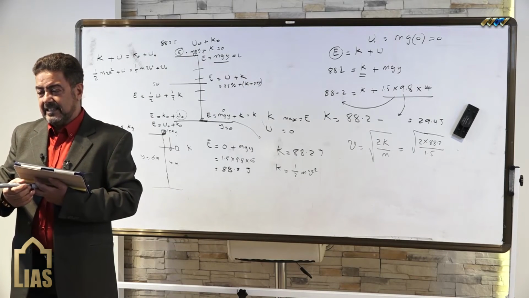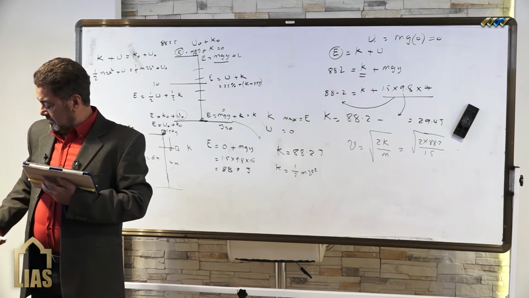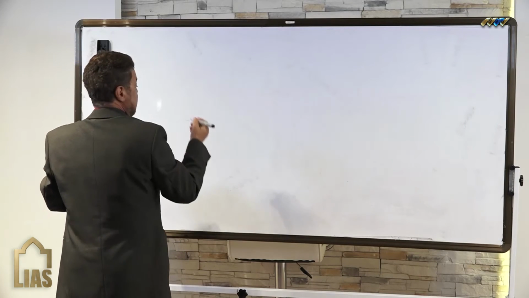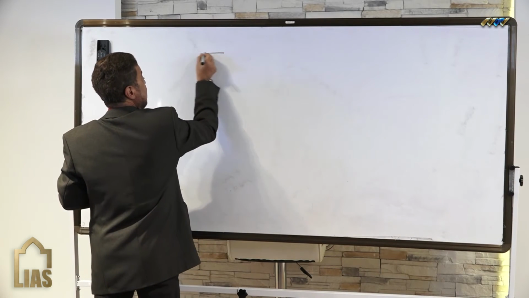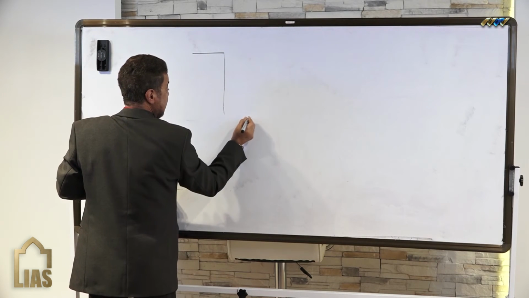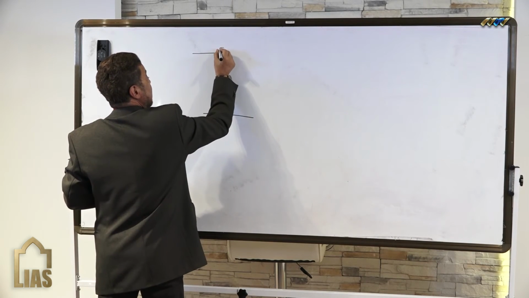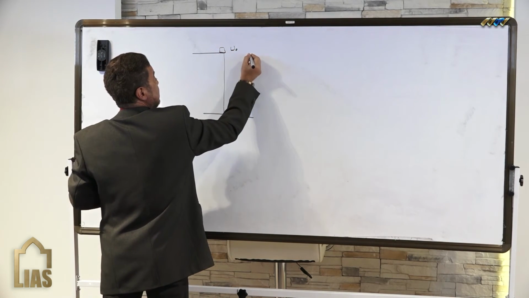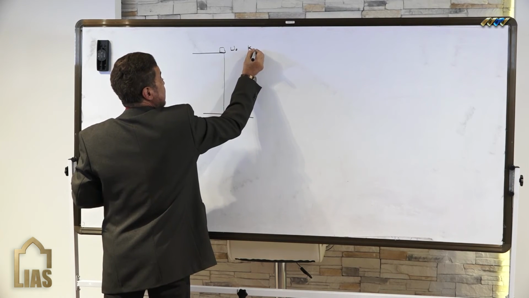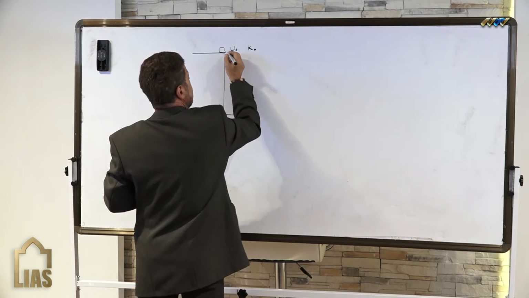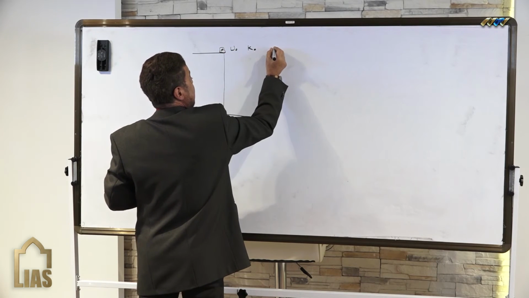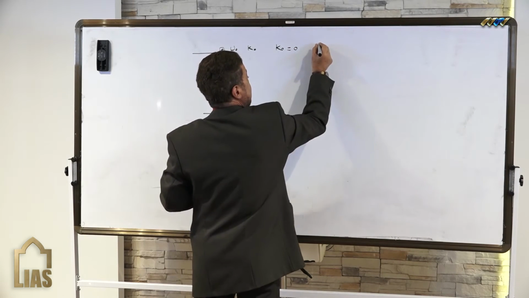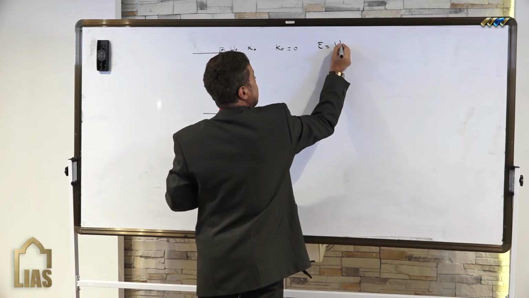Okay, this is the kinetic energy and the potential energy. Let me summarize this lecture like this here. This is here the potential energy again and the kinetic energy here. In this case here, K0 is equal to 0. Then E is equal to the potential energy only.